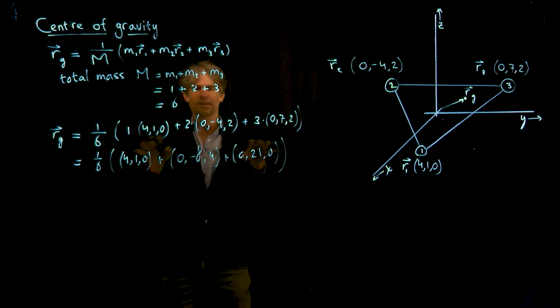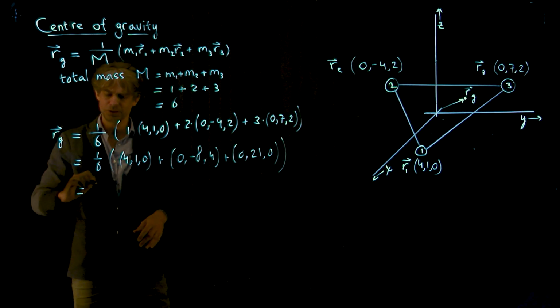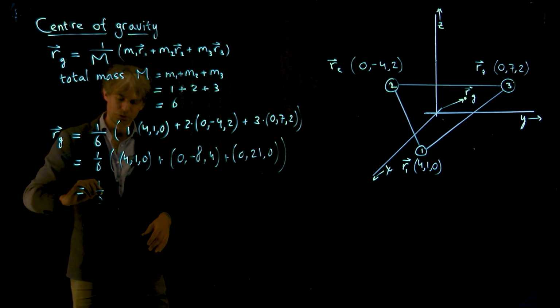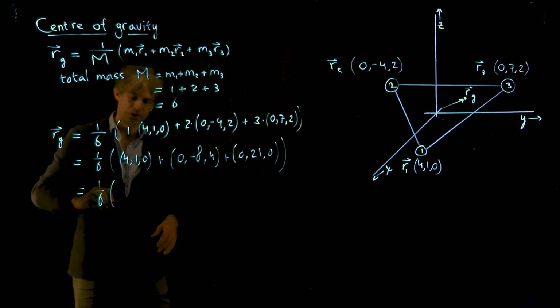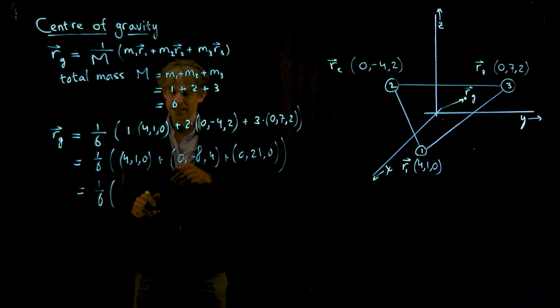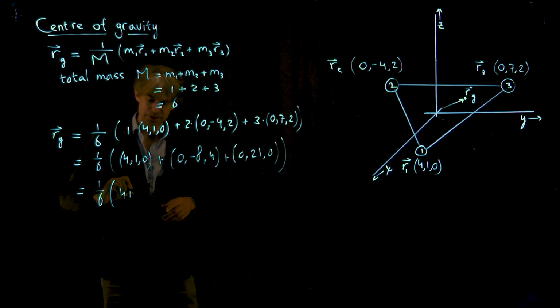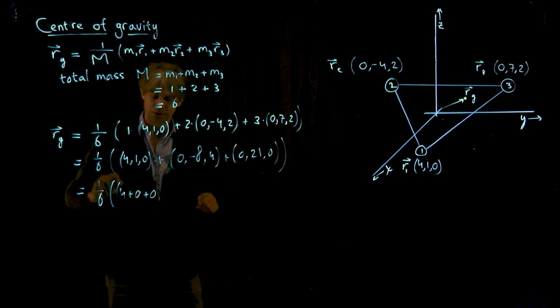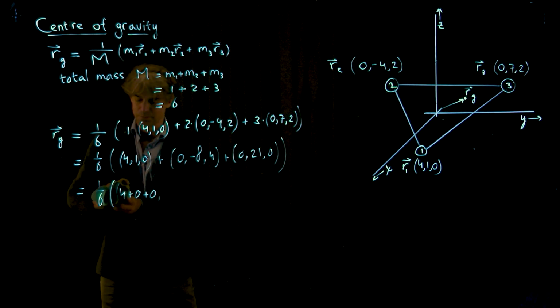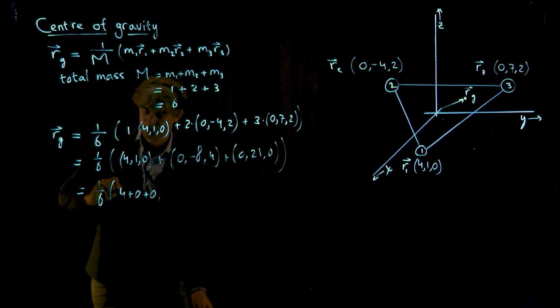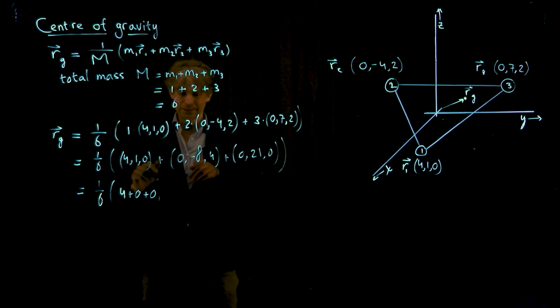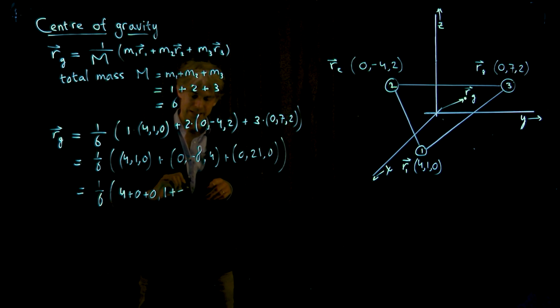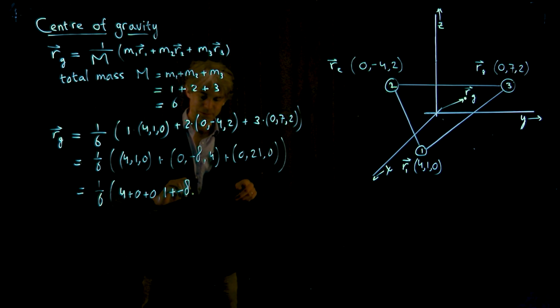Now we add up these vectors, which you also do per coordinate. So let's do it. I will get 4 plus 0 plus 0, that's the first coordinate. Oh, I didn't need that extra bracket, did I? Because we're going to be done after this. Then the second, that's 1 plus minus 8 plus 21.